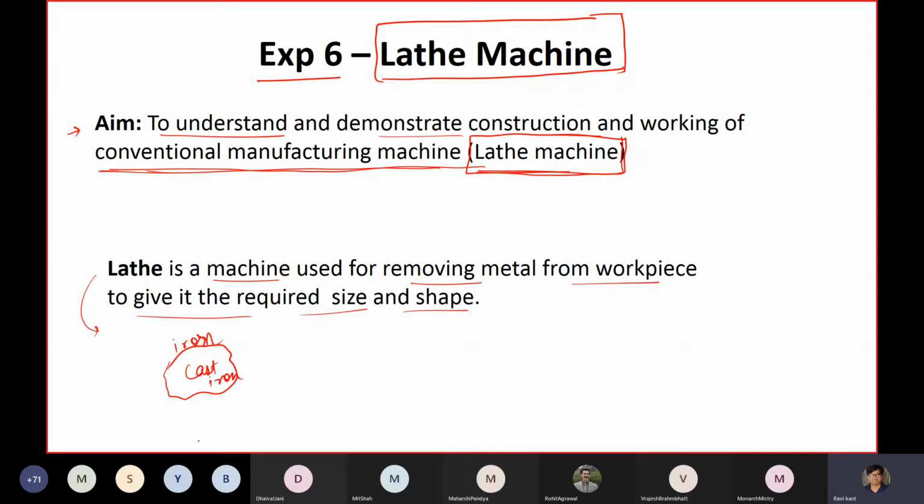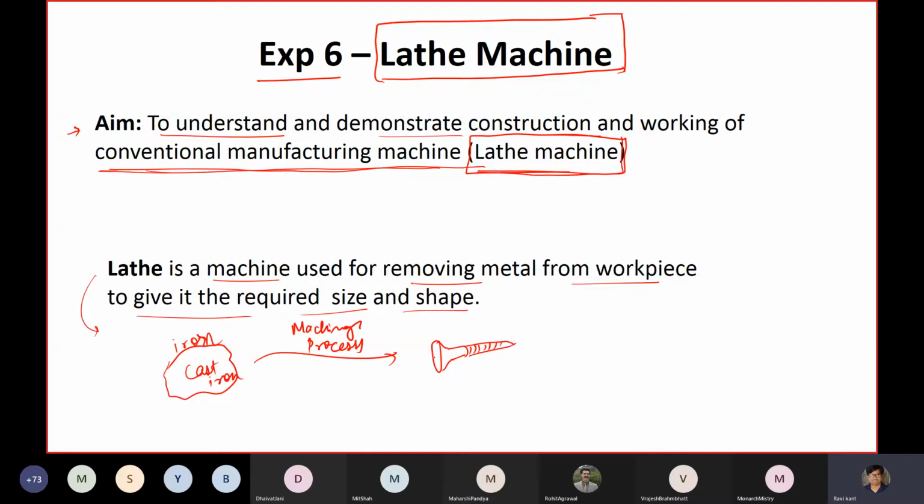By some process, or some machining process, I'm going to convert it into a beautiful screw you might have seen in your homes.